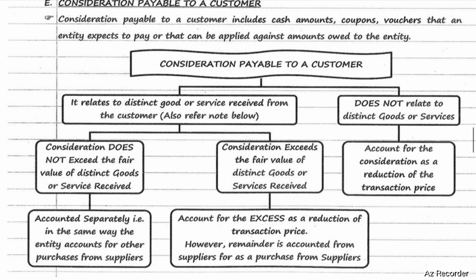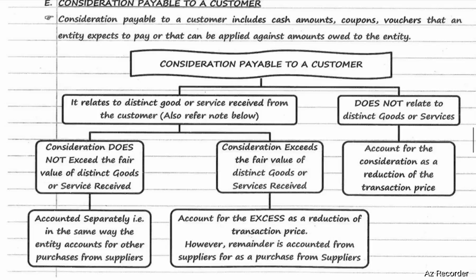If the consideration is related to distinct goods or services received from the customer and the consideration exceeds the fair value of the distinct goods or services received, then that excess consideration will be reduced from the transaction price. That is, we need to account for the excess as a reduction of the transaction price. And the remaining part is accounted for as a purchase from suppliers.